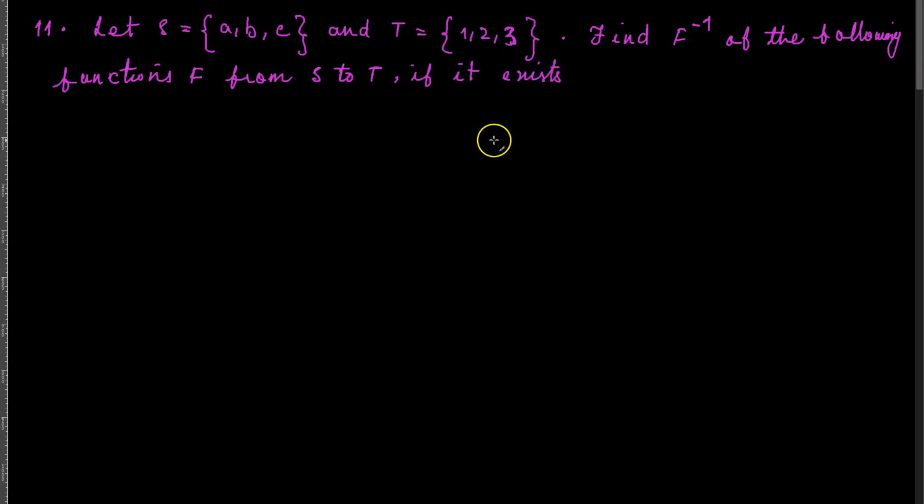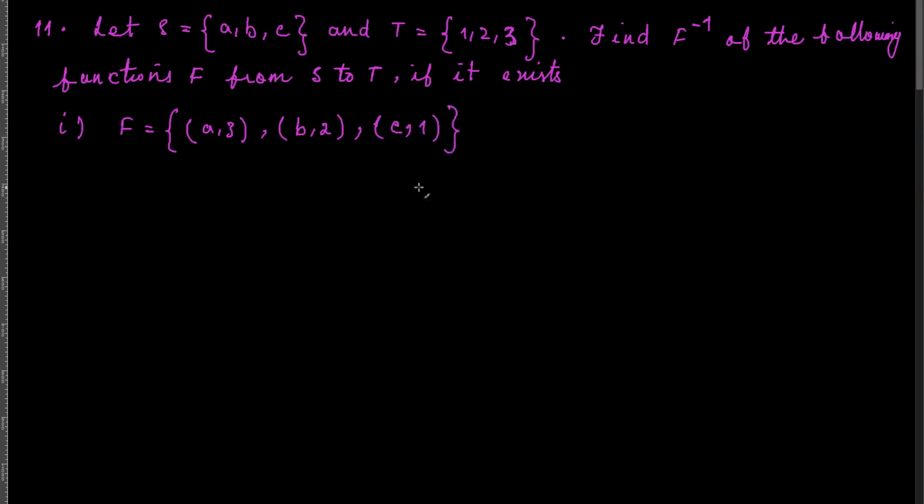Okay. Now, number 1, we have f is equal to {(a, 3), (b, 2), (c, 1)}.